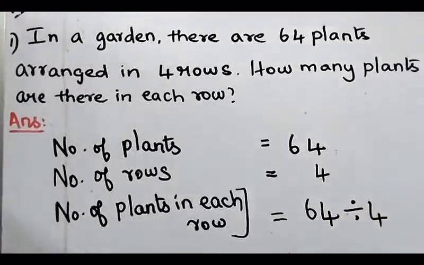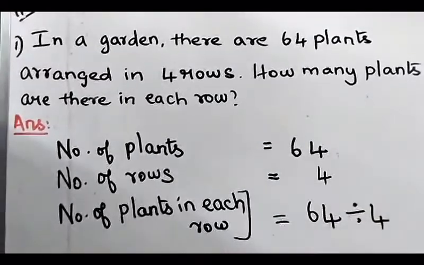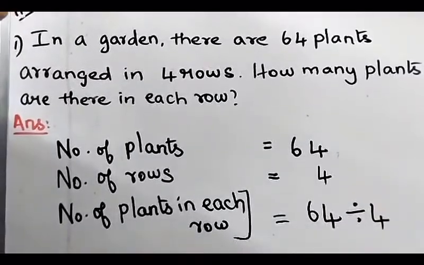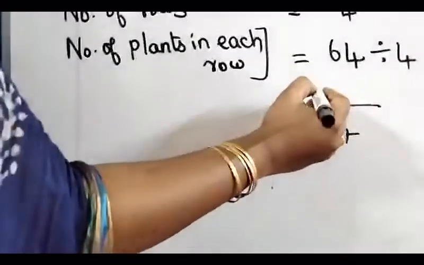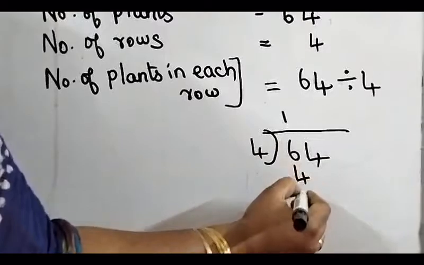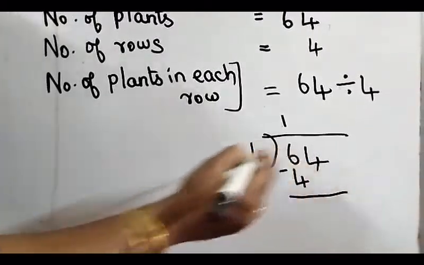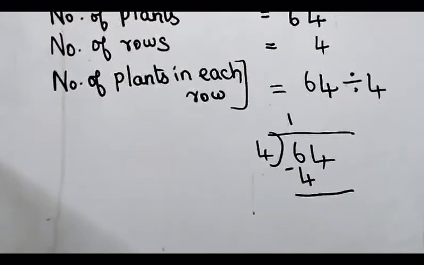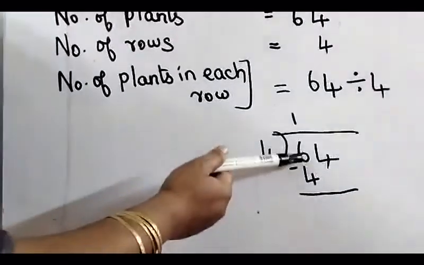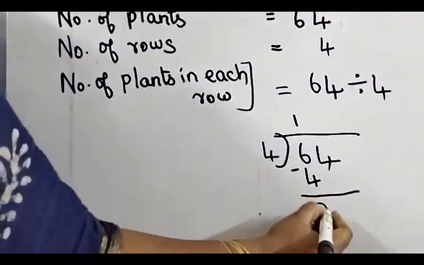Now divide, children. 4 into 64, look, the first digit is greater than the divisor, isn't it? So 4 ones are 4. 4 twos are 8. Looking for the nearest lesser number, it is 4 ones are 4. So 6 minus 4 is 2.